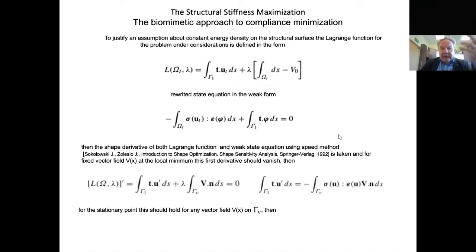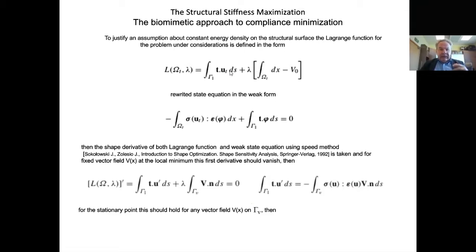Could we say something more about this term? And we just started some justification or something like this, that this term is very important in the area of compliance minimization.